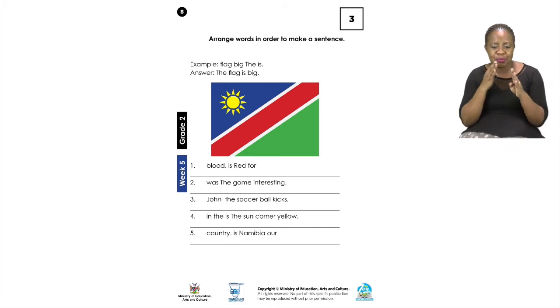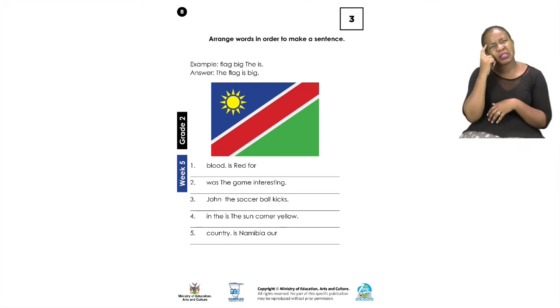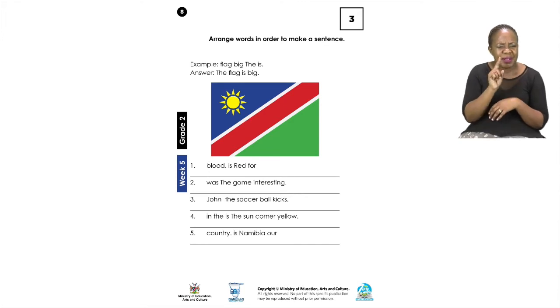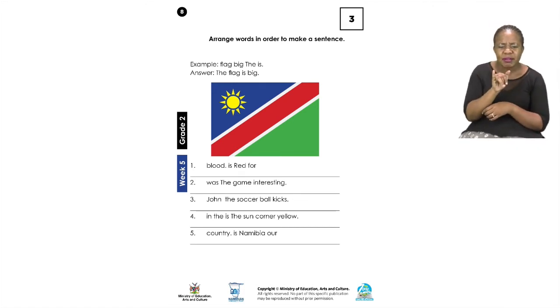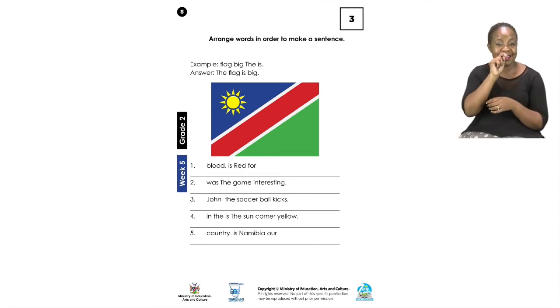Now, before I show you what I have on my board, let's try and think about the words together. Remember, I said that a sentence starts with a capital letter. So, we can see that the word The has a capital letter T. So, let us put the word the at the beginning of our sentence.